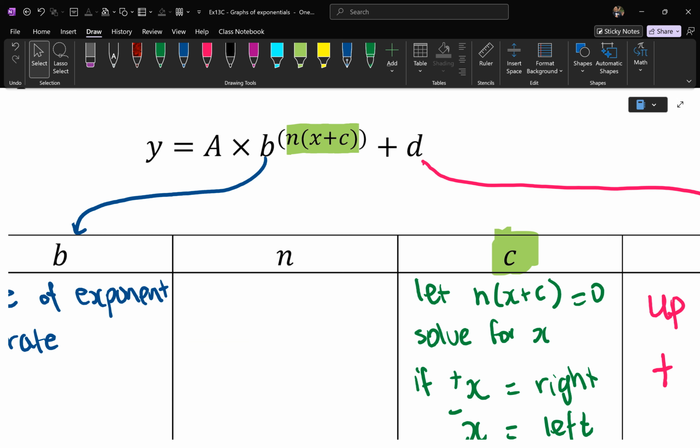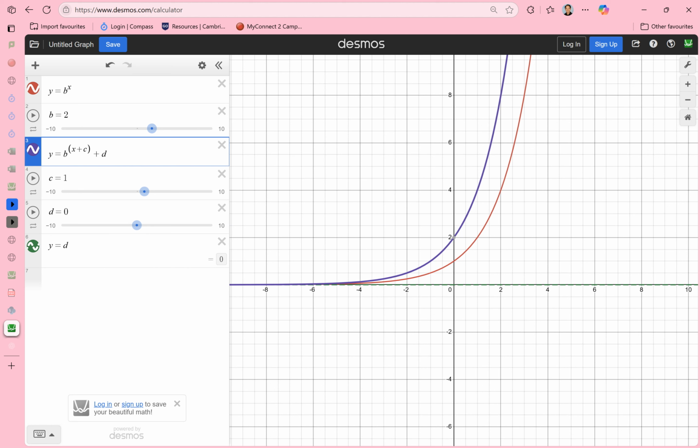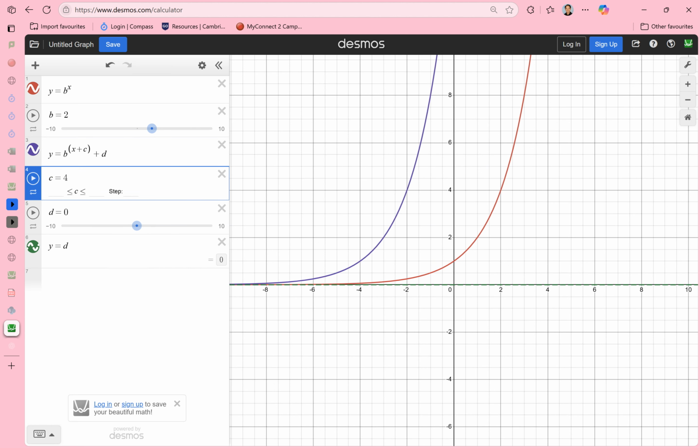So watch what happens. If I change c to 4, that means now it's x plus 4. So let's do what I just taught you. X plus 4, if you let that equal 0, what would x equal? -4, very good.